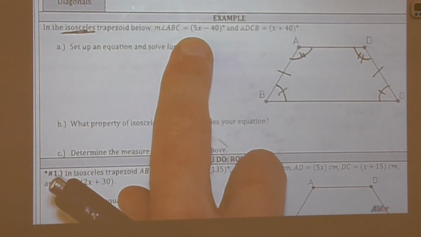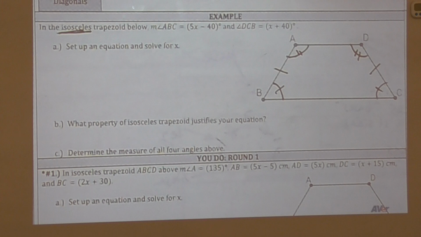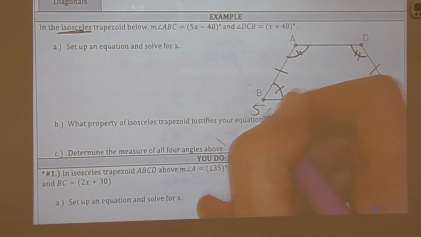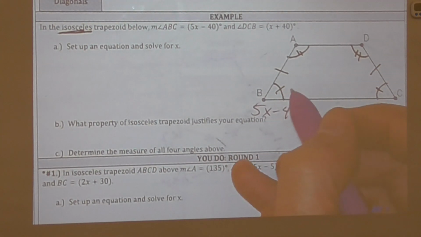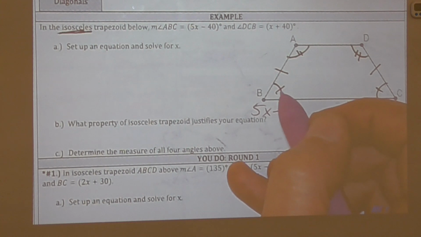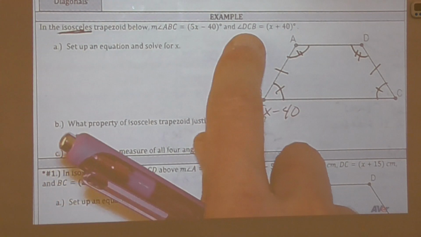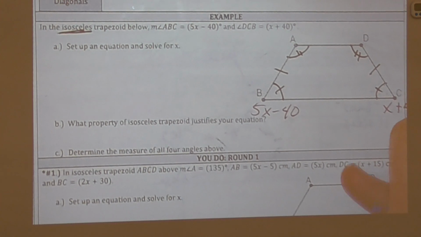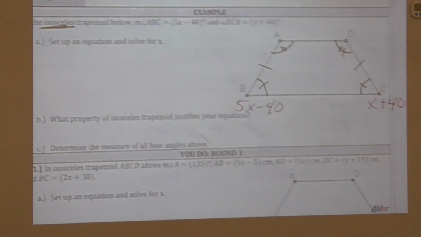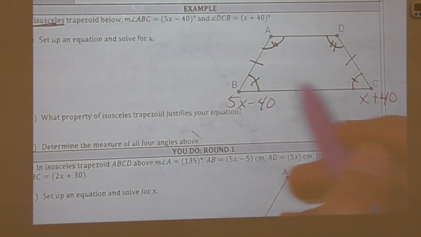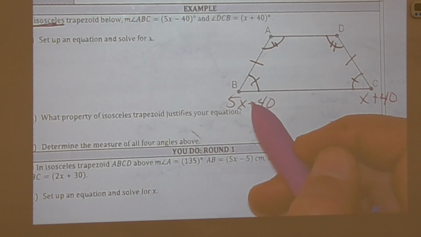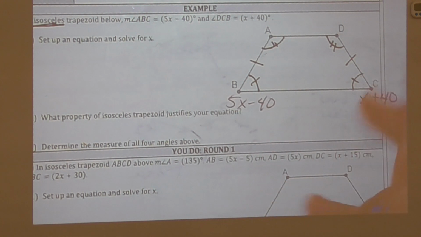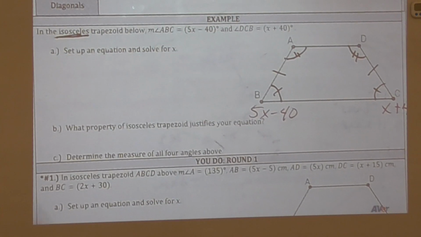Angle ABC is 5x minus 40. This is the angle. I just don't want to write over my annotation. And angle DCB is x plus 40. Right here. So I've already marked these as congruent. So that means that in an equation, these expressions should be equal to each other.